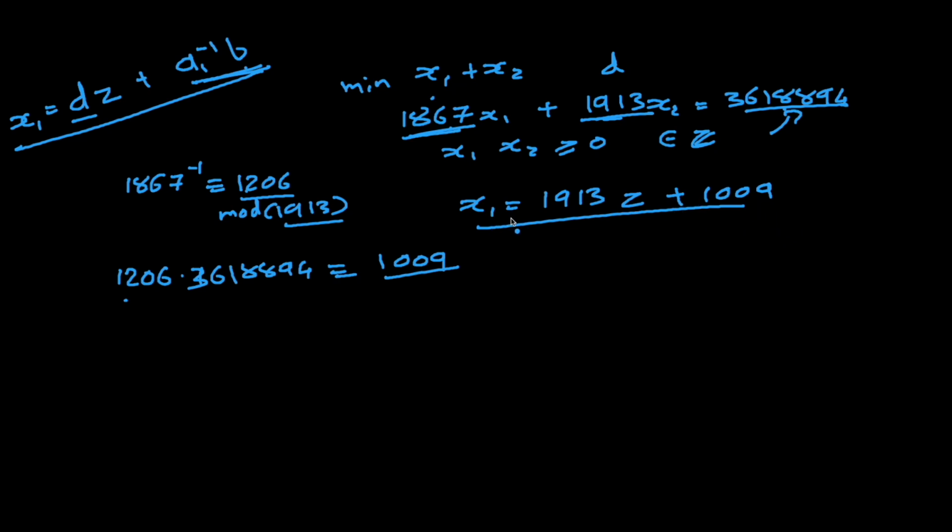Okay, so when we substitute this thing over here and divide everything by 1913, this one obviously goes away. What are we left with, right? When we substitute everything over here with z, it's a big number actually.